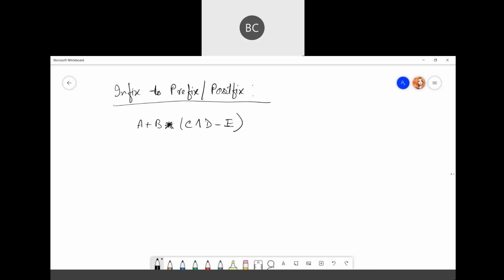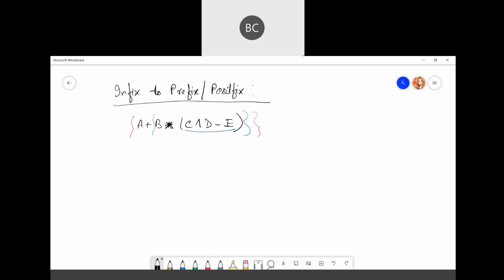In this expression, a bracket is already given. If a bracket is given, that means we will evaluate this expression first. After that, we will do this part, because multiplication has higher precedence than addition.